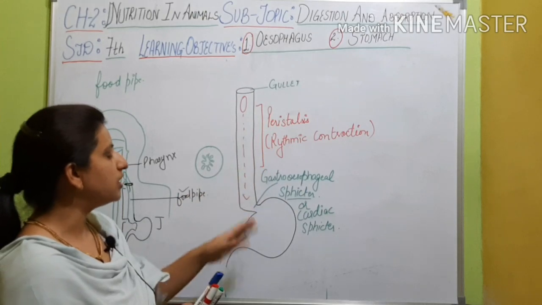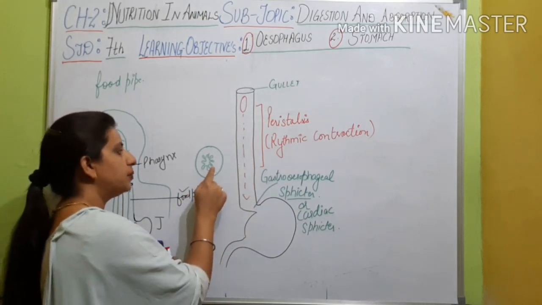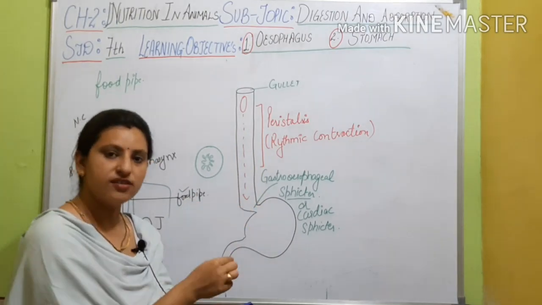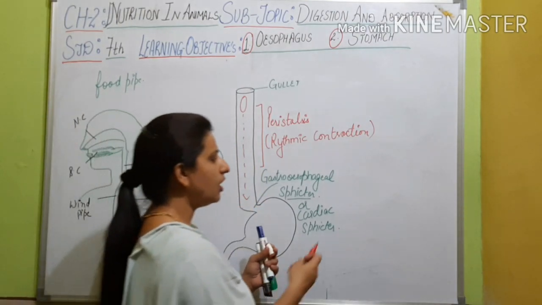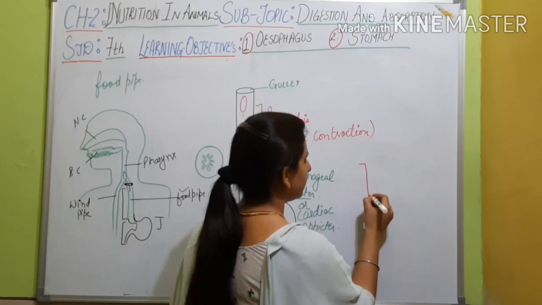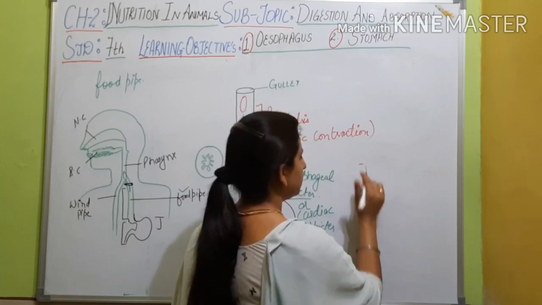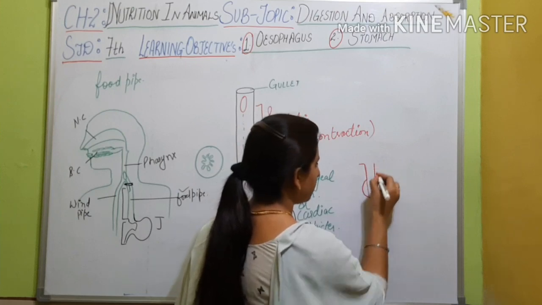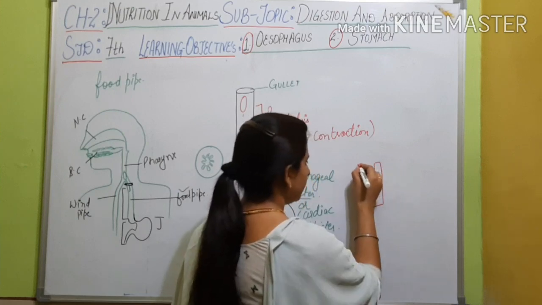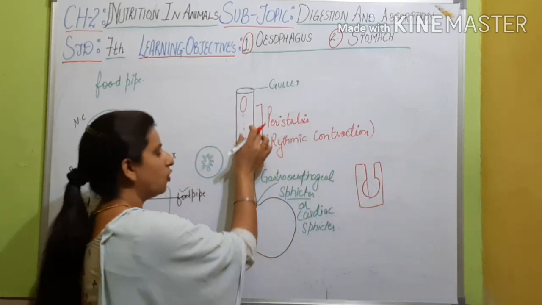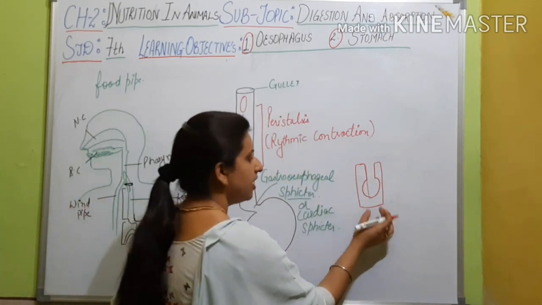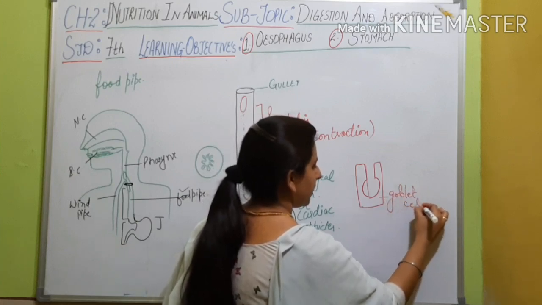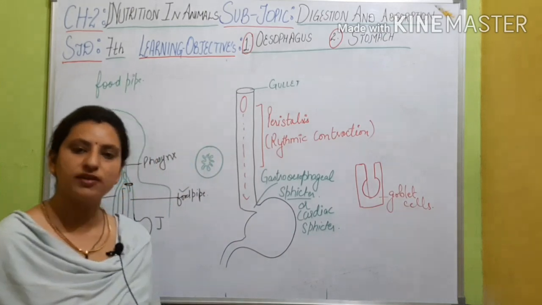And also I want to mention here that the wall of the esophagus has a special kind of cells, and they are called goblet cells. And what is the function of goblet cells?